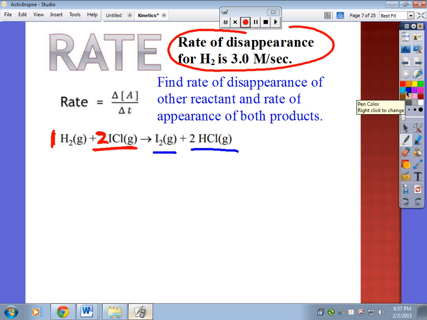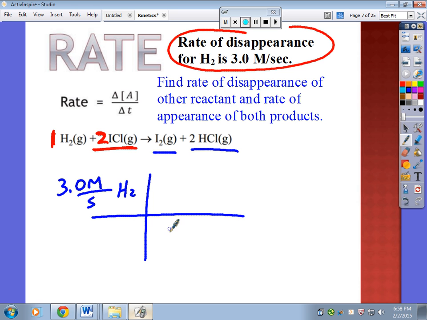And I know that hydrogen, okay, 1 mole, 3 molar per second of hydrogen is disappearing.